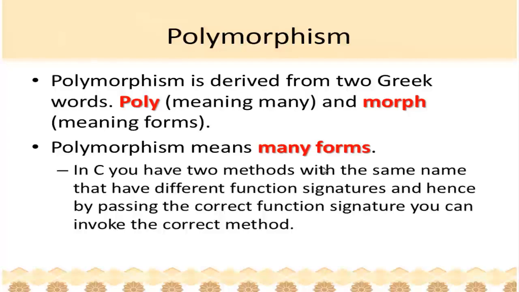But when you call that method, if you supply 2 parameters, the compiler knows that I have to call the method with 2 parameters. If you supply 4 parameters, the compiler itself knows that I am supposed to call the method with 4 parameters. That means even though there is polymorphism, the decision is taken directly at compile time. And that is static.